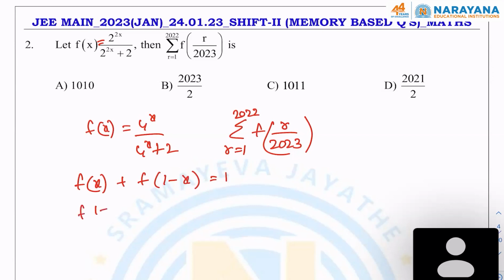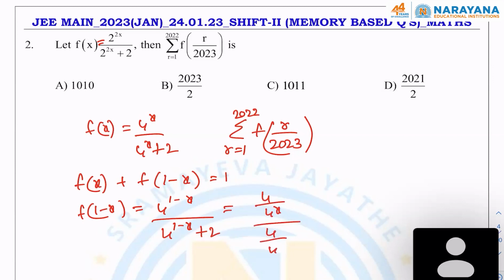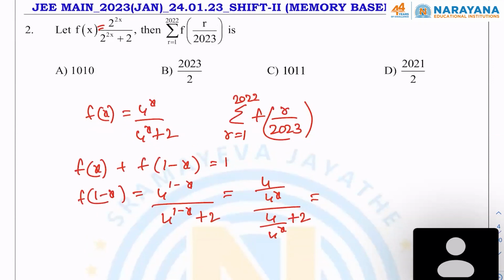F of 1 minus x is equal to 4 power 1 minus x by 4 power 1 minus x plus 2. So here I can write it as 4 by 4 power x by 4 by 4 power x plus 2. So this is equal to 4 by 4 plus 2 into 4 power x.